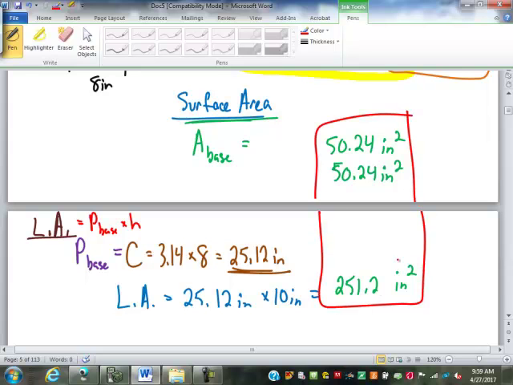I have to add those three up to get my total surface area.